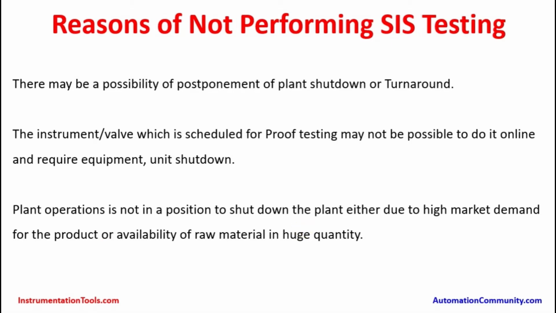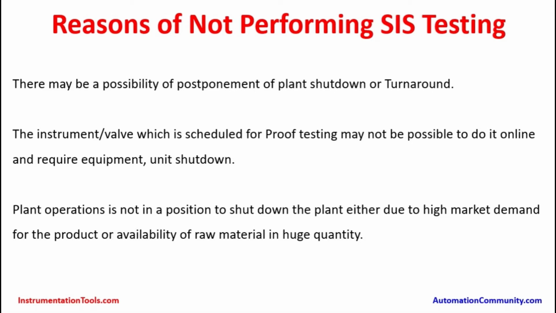The process plant's safety instrumented system valves and instruments are installed across many areas. In some areas there will be standby equipment so that isolation is possible and the instruments can be taken offline while the plant is in continuous production mode, and the proof testing can be performed.